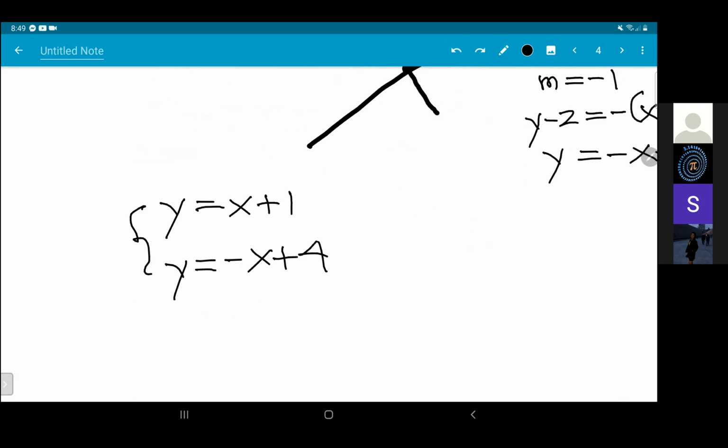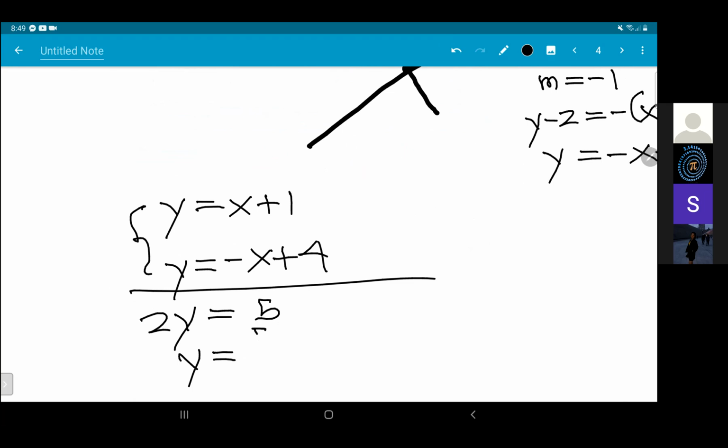x. So if we do that, 2y equals 5, y equals 5 over 2. Then you can use one of the equations to solve for x. Use that one.